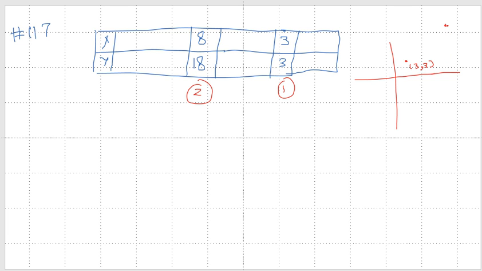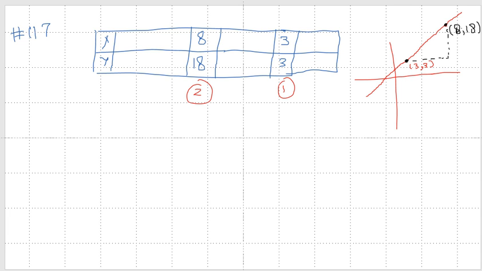So let's do that. Let's connect this. Okay? So one point is 3, 3. The other point is 8 and 18. Well, we can draw this triangle.